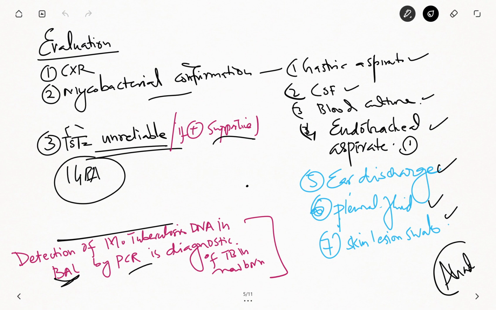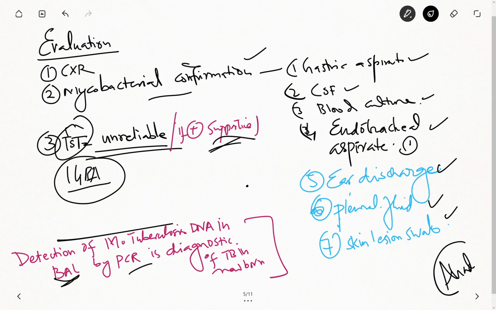Now, the next thing is evaluation. What do we do when we suspect a probable congenital tuberculosis infection? A chest X-ray, AP and lateral view, is of certain diagnostic value. TST, or tuberculin skin test or Mantoux test, is unreliable in the newborn period because of low reactivity, so most of the time it will be negative, but if it is positive, it is a supportive test, and sometimes IGRA should be considered.